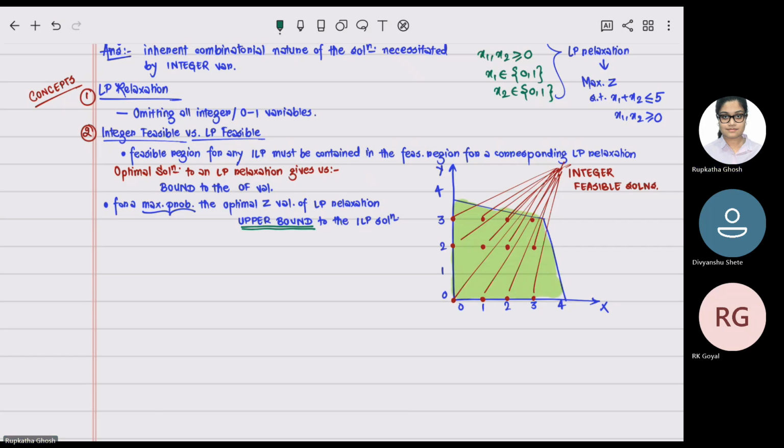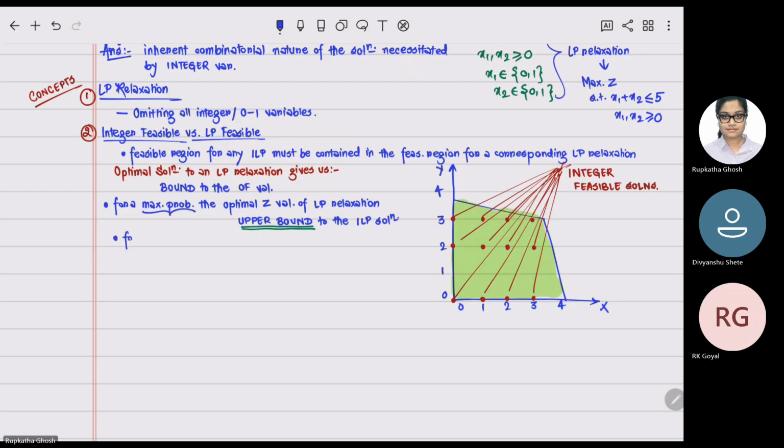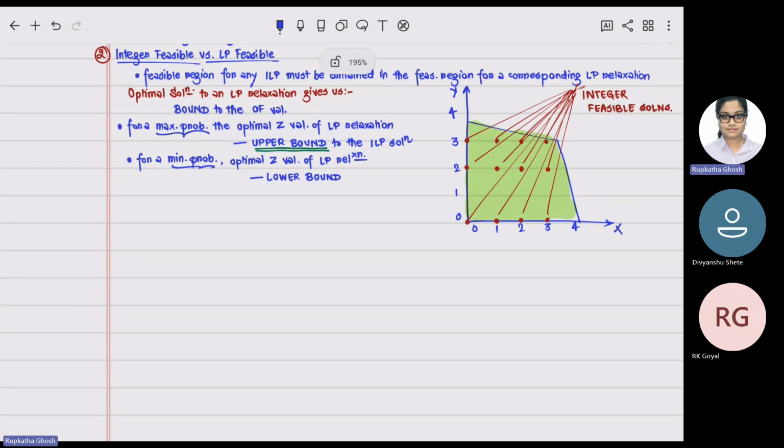So for a minimization problem, the optimal Z value of an LP relaxation would serve as a lower bound to the Z value of an ILP.